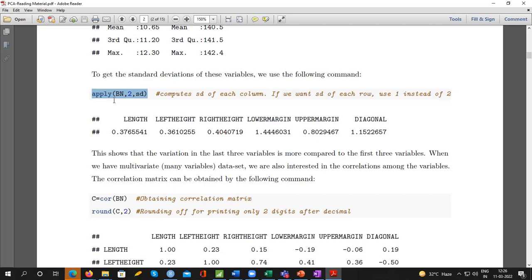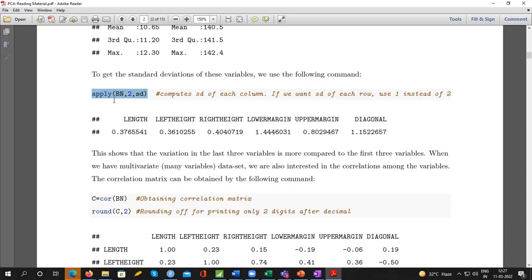Yes, ma'am. Okay, so this yes was the answer to am I still connected. So is there anyone who has not used the apply command? Yes, ma'am, I haven't used it. Okay.